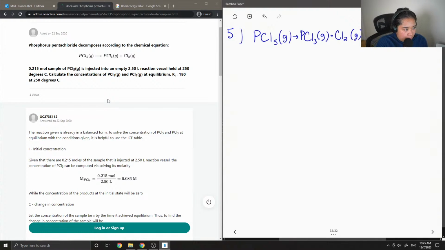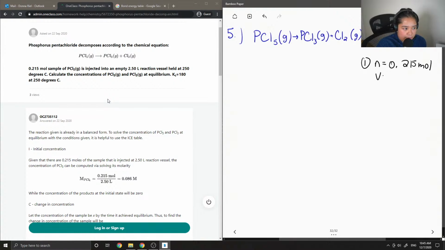So now I'm going to make, actually first I will find the concentration of our reactant. So I'm going to do it down here. They give us the number of moles of phosphorus pentachloride, which is 0.215.